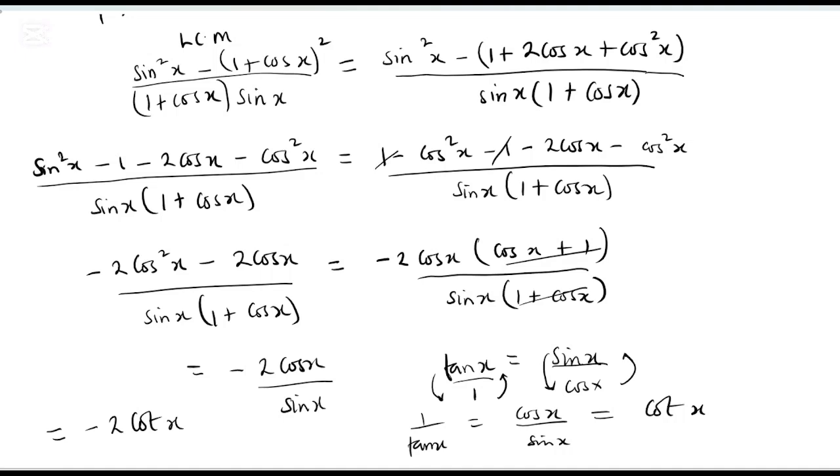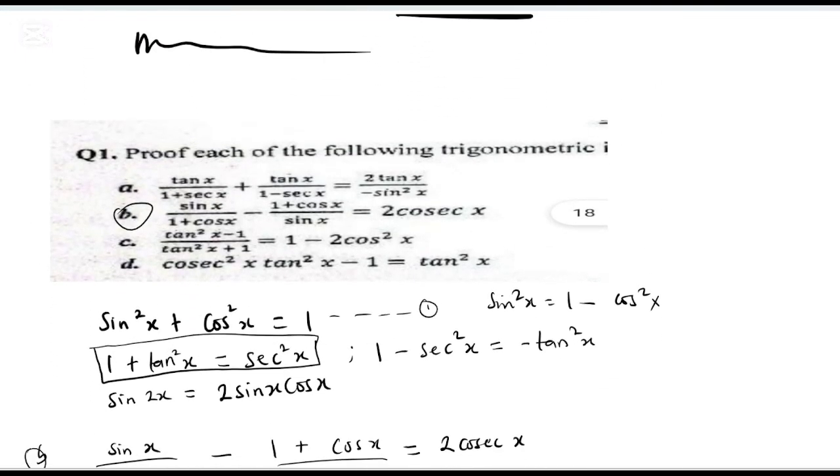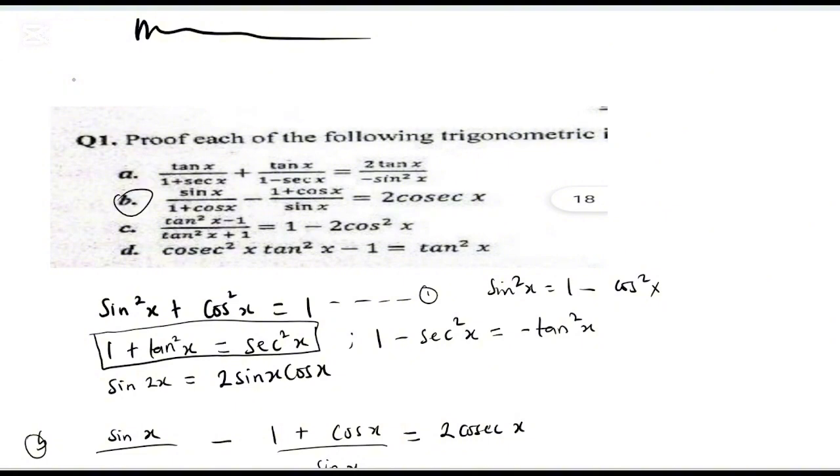So is this the same thing as the right hand side? No, because on the right hand side we were expected to get 2 cosec x, right? From the question we expect to get this 2 cosec x, but we are getting minus 2 cot x.